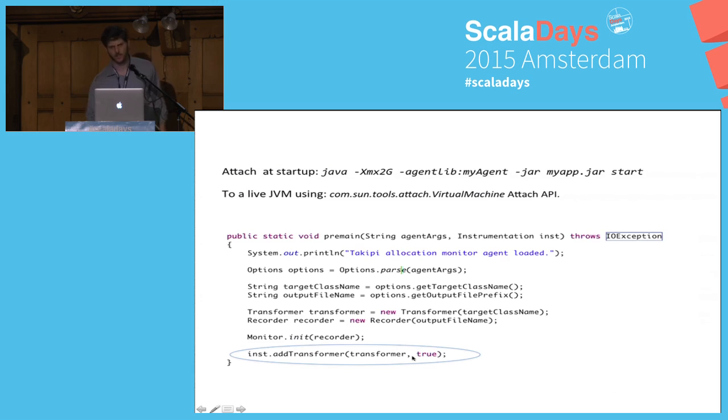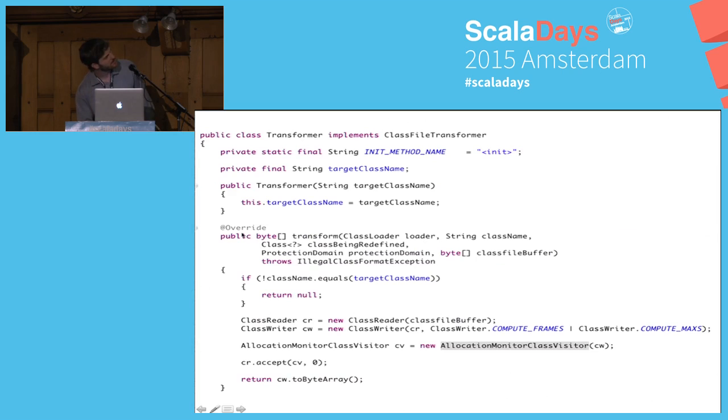If you do get an Instrumentation object, you can attach a transformer. A transformer, within this context, means an object which just has to implement this interface here: bytecode in, bytecode out. Whenever the JVM loads a new class, it doesn't matter if it came from a jar file, a WAR file, from Play, or the bytecode was generated by whatever mechanism, it's going to go through this sink from the JVM's perspective, and it's going to run through your transformer.